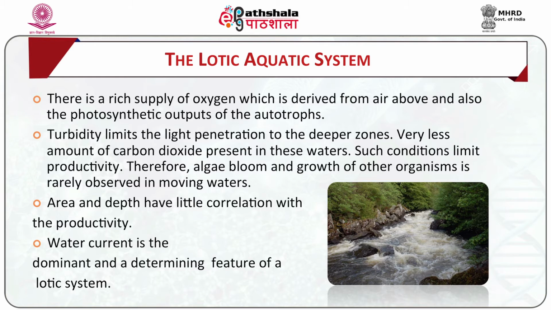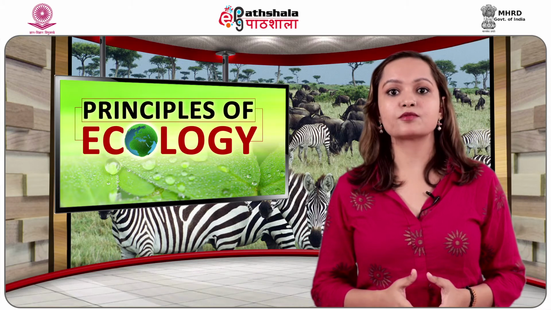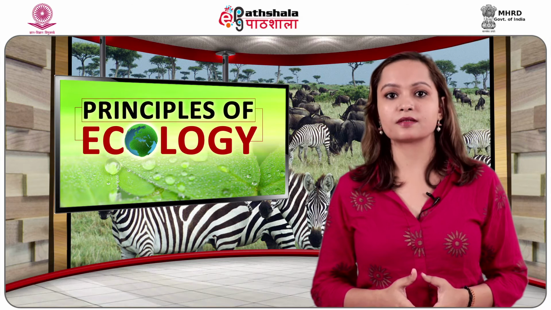Therefore, algal blooms and growth of other organisms are rarely observed in moving waters. Area and depth have little correlation with productivity. Water current is the dominant and determining feature of the lotic system. Organisms having effective mechanisms to anchor at one place in the water current are generally observed in these ecosystems.